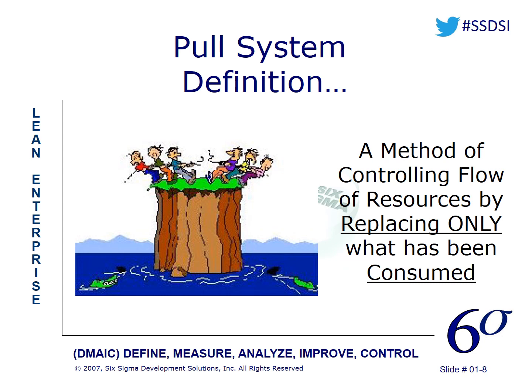Pull is governed by the customer, and this is called replenishment pull. Remember, it is a method of controlling the flow of resources by placing only what has been consumed. As the customer pulls or consumes the product, I therefore replace what has been consumed.